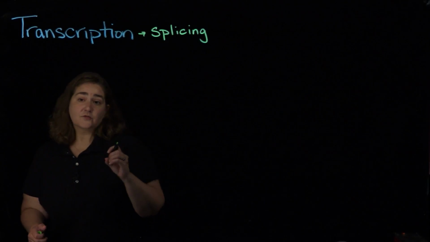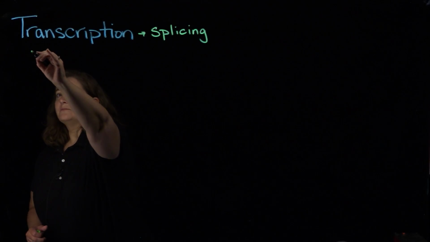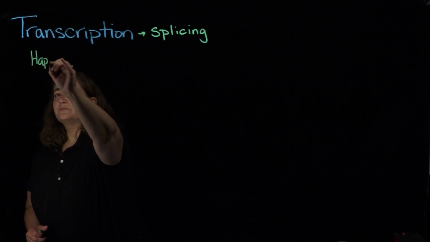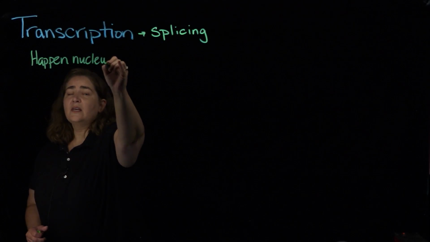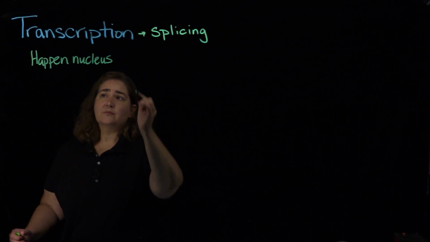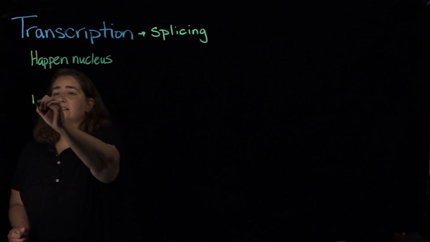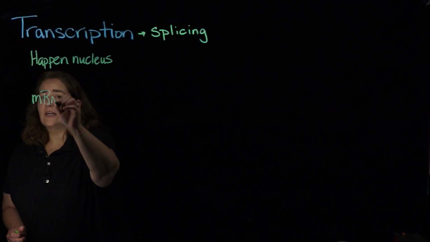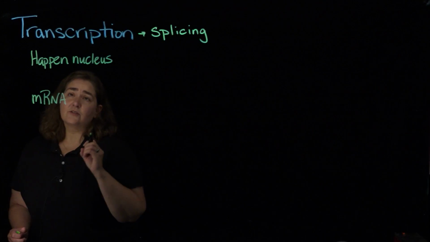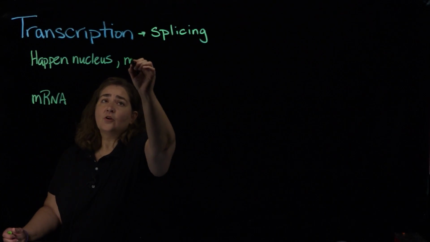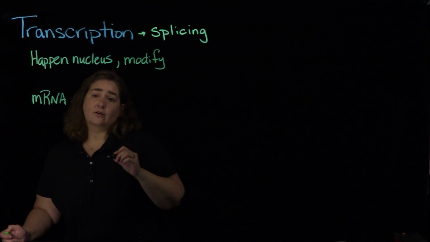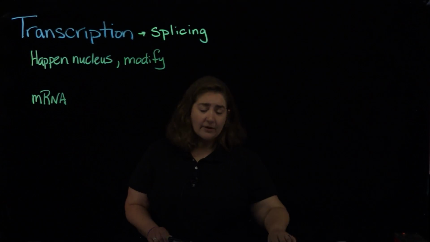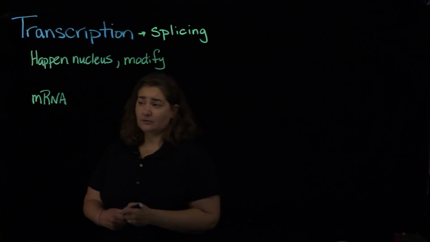And the process of transcription is going to happen in the nucleus. And before that transcript, in this case our messenger RNA, can leave the nucleus, we have to modify that RNA that comes off of our DNA template, okay?